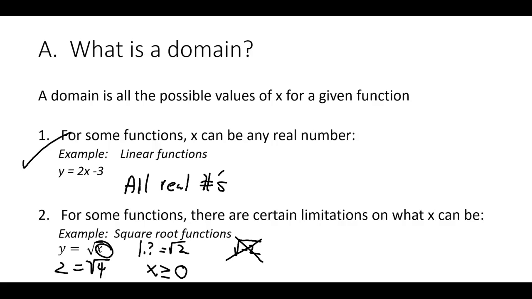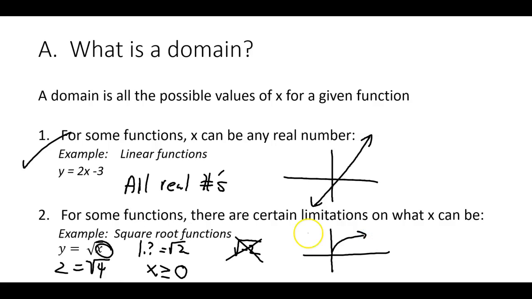You can actually see that on the graphs too. When you graph these functions like 2x minus 3, that would look like this. Notice it goes in both directions forever, and there's no holes or gaps in the line. That means no matter where you're at on the line, you'll always have an x value. But if you consider the graph of this one, which we'll look at on Monday how to graph, they look like that.